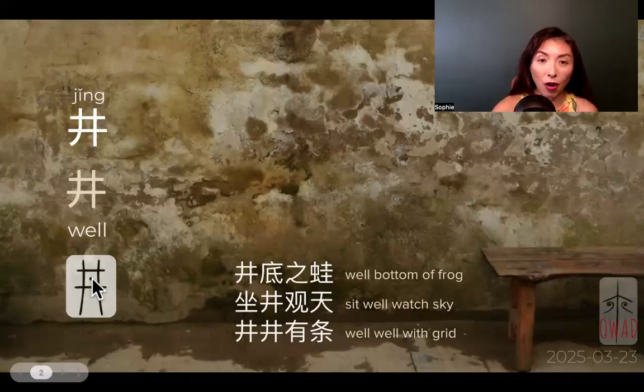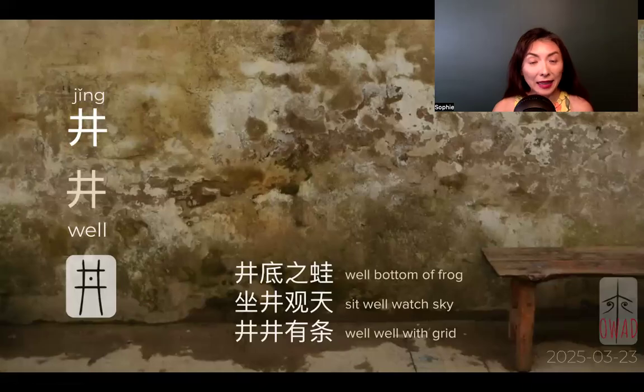And the middle dot used to symbolize the resources from that opening. And in this case, it's the water in that well. We also have another character that looks similar to it, but the two horizontal lines don't puncture through it. It also has something in the middle of that, and that means the mining opening.